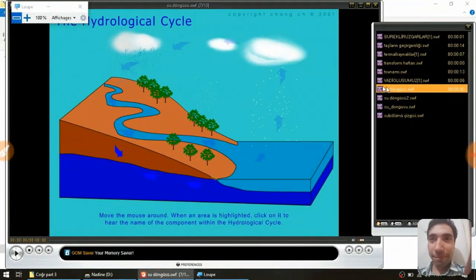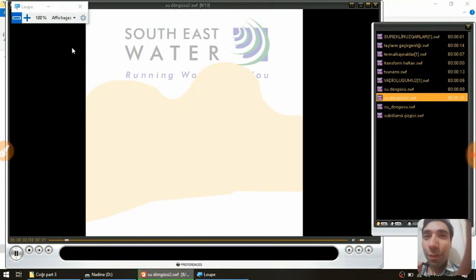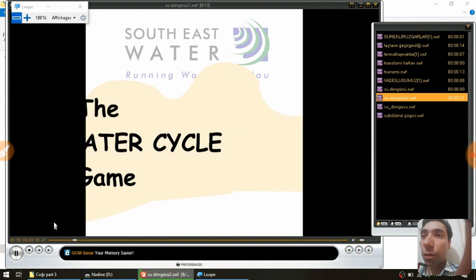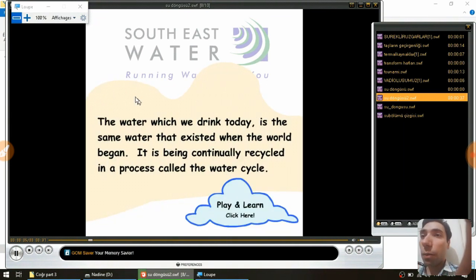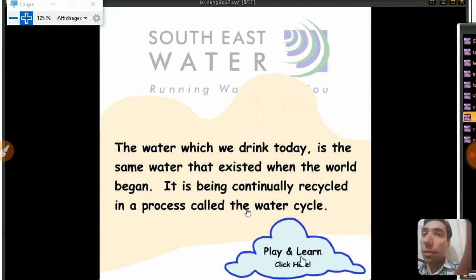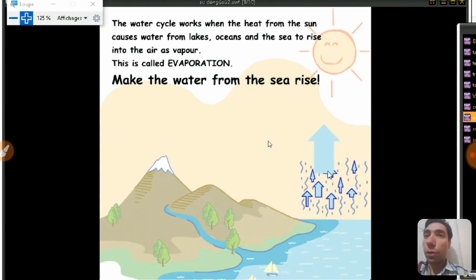So, the water cycle. Let's have a game. The water which we drank today is the same water that existed when the world began. Make the water from the sea rise, so it's condensing.